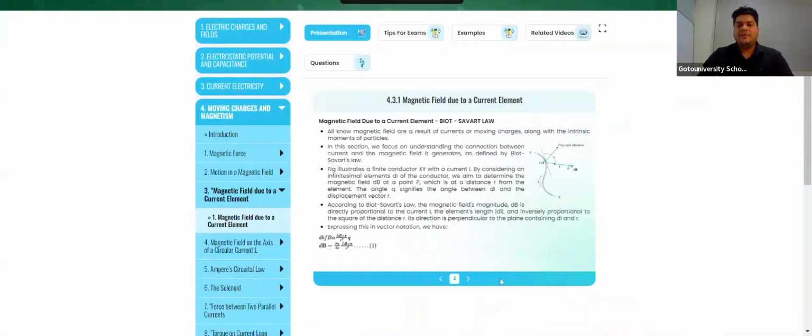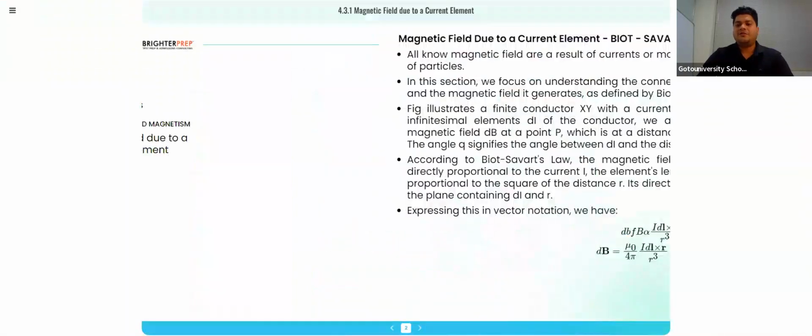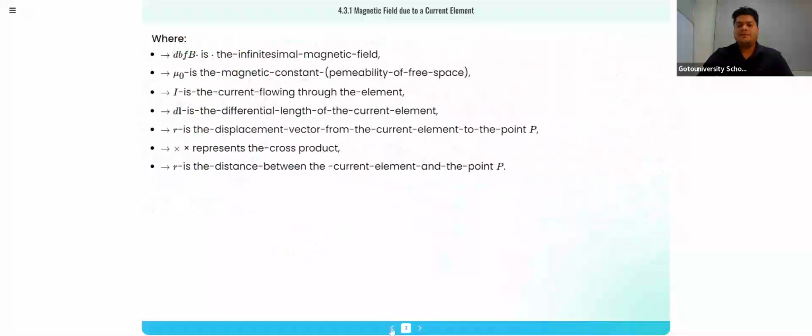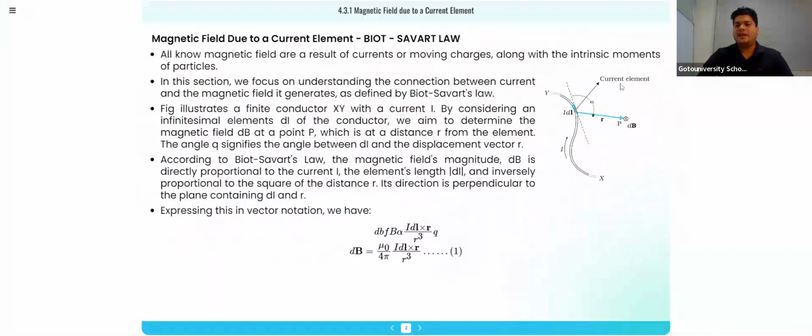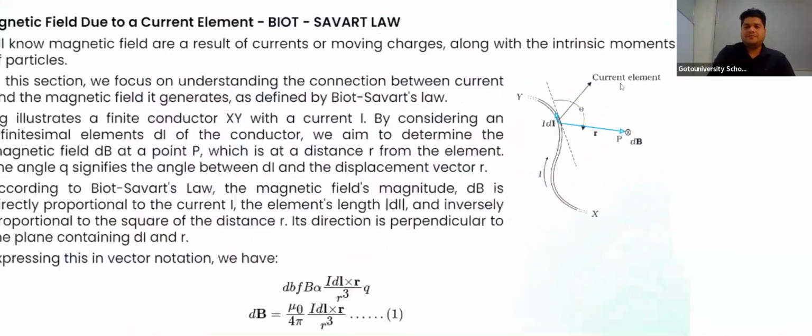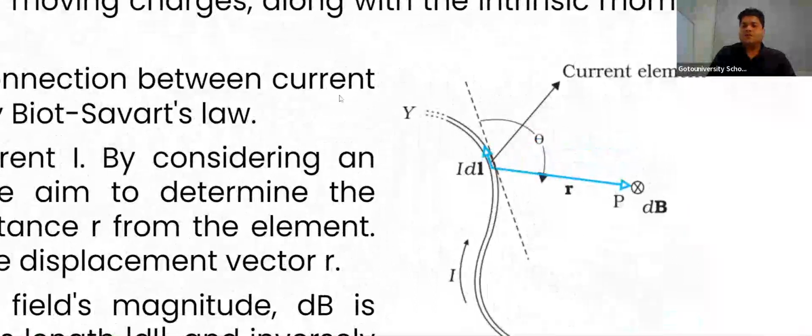In Biot-Savart Law, we considered an imaginary infinite length of a wire from which current is moving.